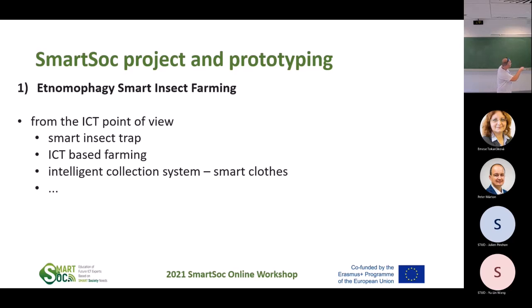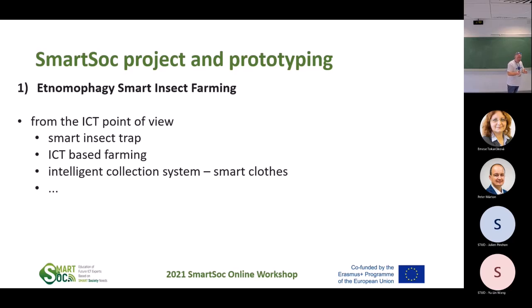I put here some ICT points of view. What were the things that I was interested in? If you are talking about insect farming, I read it and asked what would be a real added value.